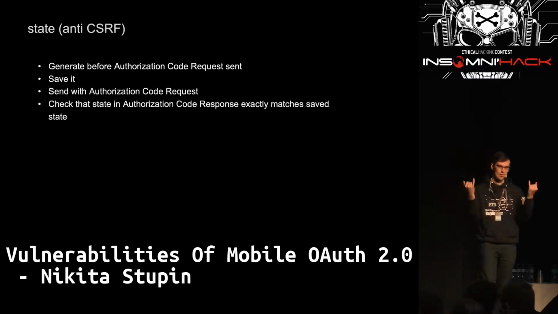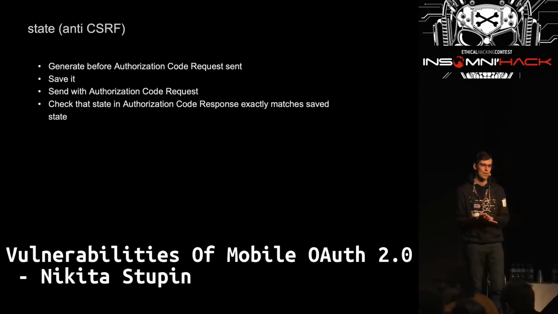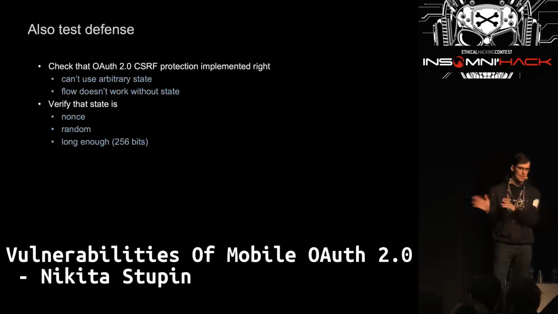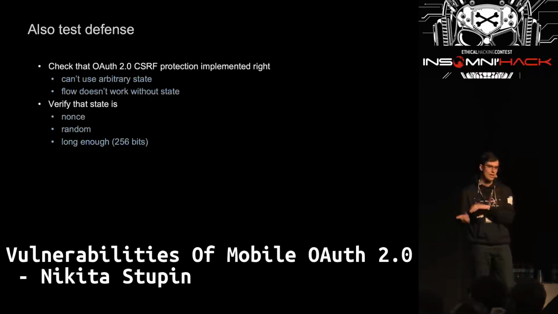The client gets the state that it generated and saved, and the state from the response, and compares them. If they match, it safely continues the flow. If they do not match, it interrupts the flow, and we're safe now from this CSRF. And again, test the defense, play with state, and check that it's long enough, random, and used only once.